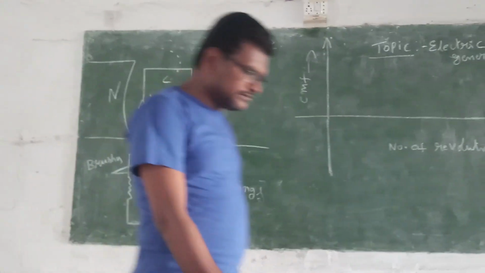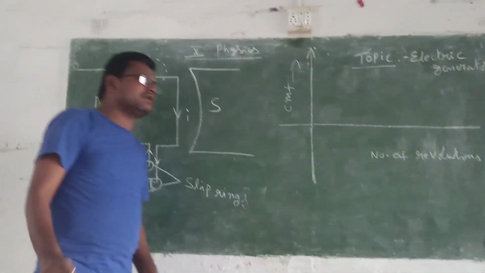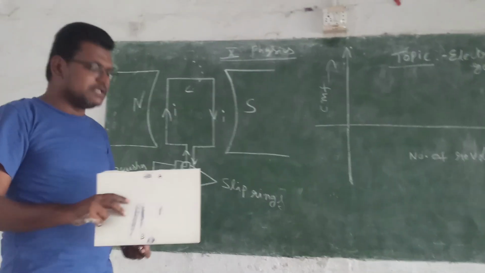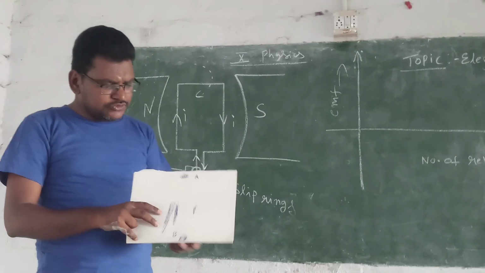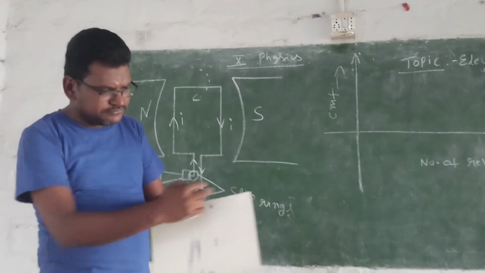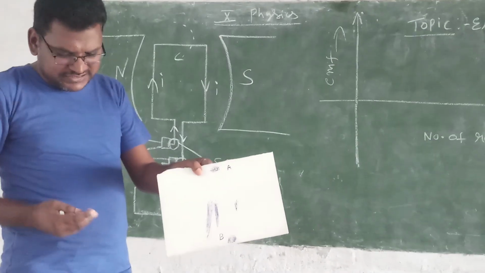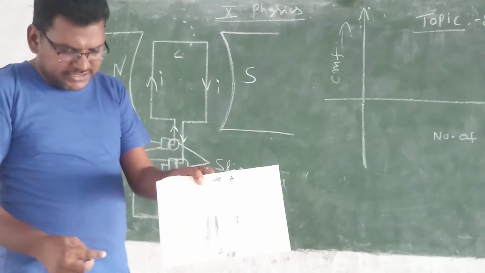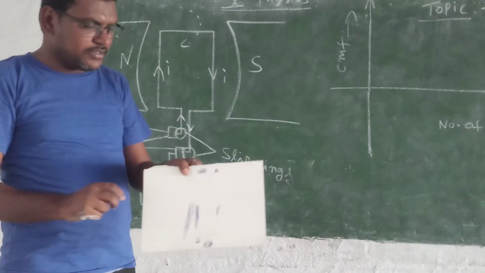Now let's see what the direction of current is and how current is induced through a coil. Assume it is a rectangular coil having a number of turns. One end of the coil is connected to one slip ring, and the other end of the coil is connected to the other slip ring.